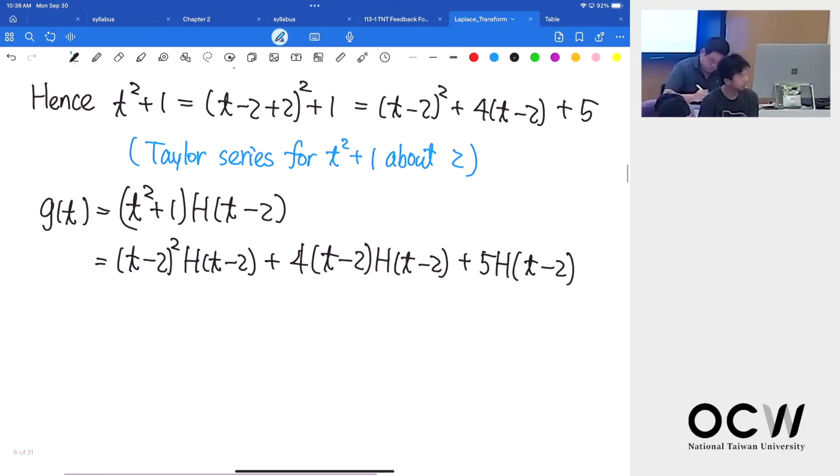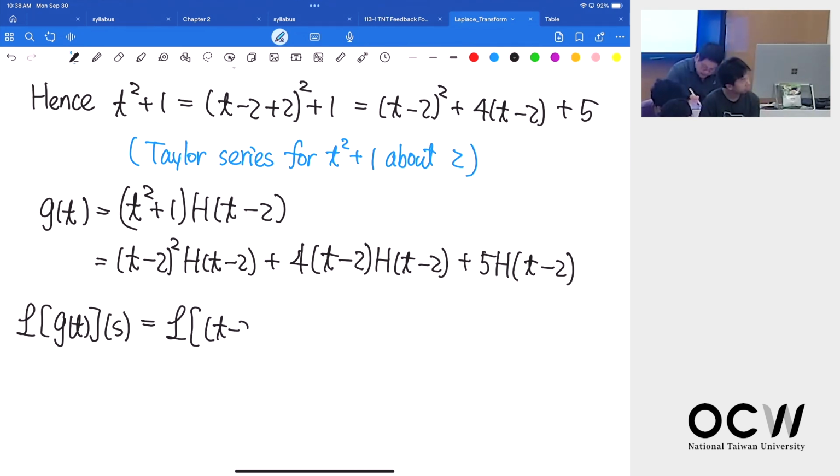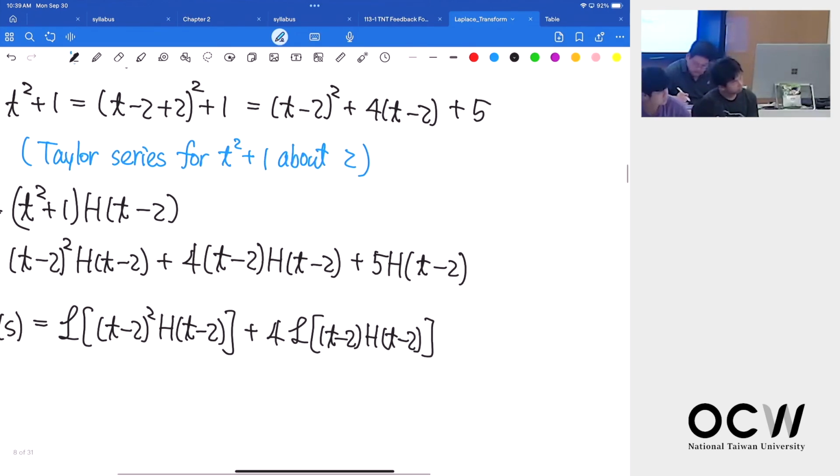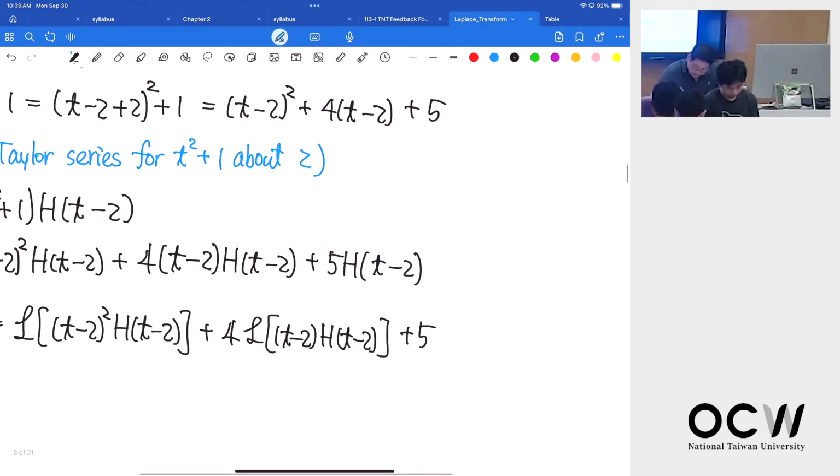So if I take the Laplace transform of g, I have the Laplace transform of t minus 2 squared times the Heaviside function, second term, the Laplace transform of t minus 2 times the shifted Heaviside function, and 5.